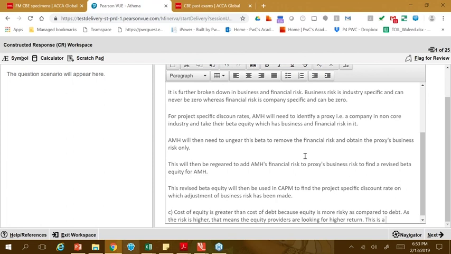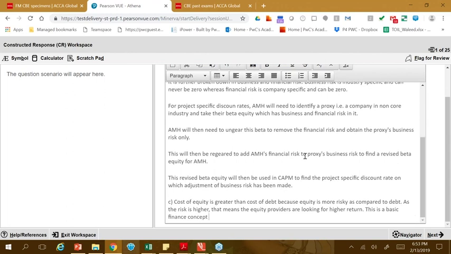This is a basic finance concept, that higher the risk, higher the return expected by investors.